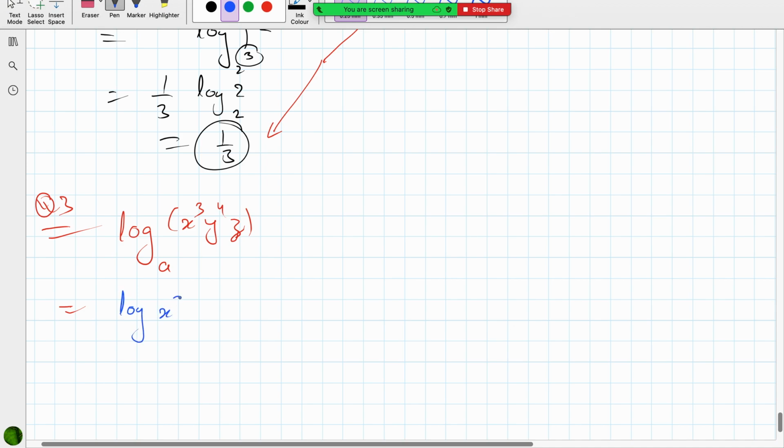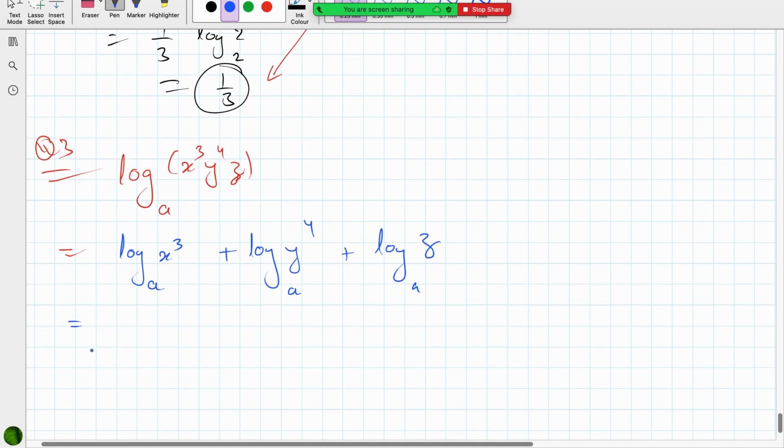So log of x cubed to base a plus log of y power 4 to base a plus log of z to base a. One more step to get them in the form of log x, log y, log z. So this is 3 log x to base a, 4 log y to base a, log of z to base a. Is it clear, Mahad?